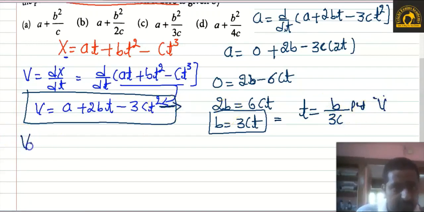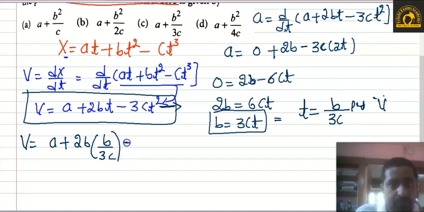So then v is equal to a plus 2b, t value is b divided by 3c, minus 3c, t square is b square divided by 9c square.